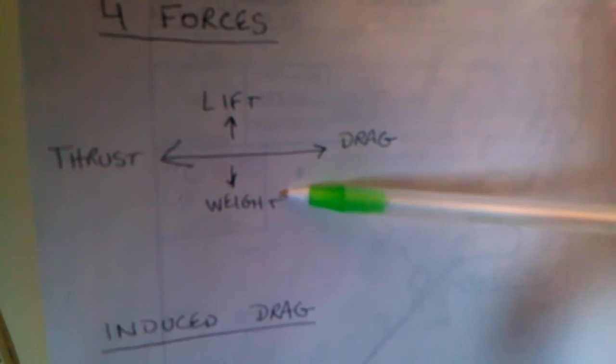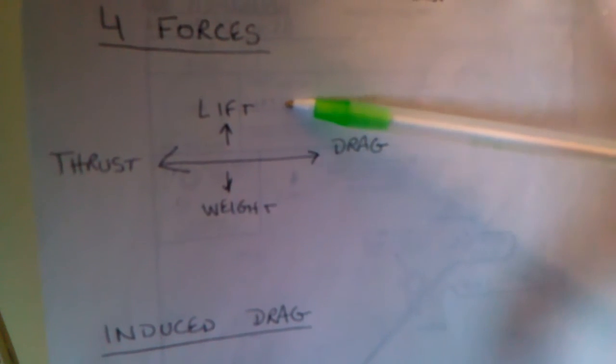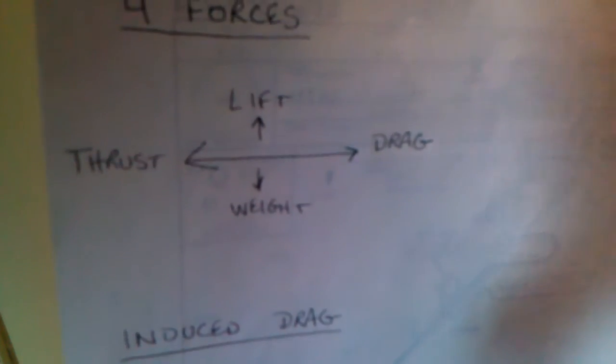Now weight, or gravity, is what's being overcome by lift. The lift, of course, is produced by the wings or other lifting surfaces on the airplane. Weight or gravity can be either or, because we can add to that force of flight by the amount of stuff that we have in the airplane, or the sheer weight of the airplane, or the weight that we add to the airplane aerodynamically, which is something we'll go into later, even later in this lecture with forces in turns.